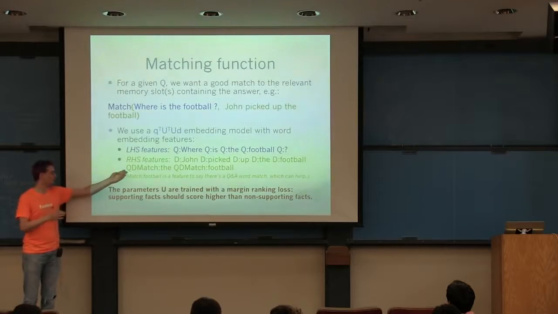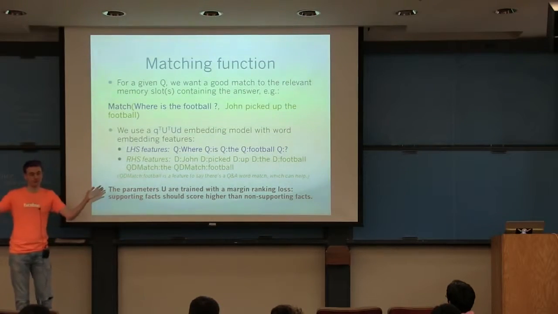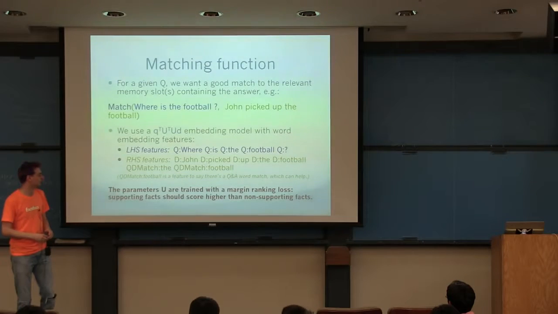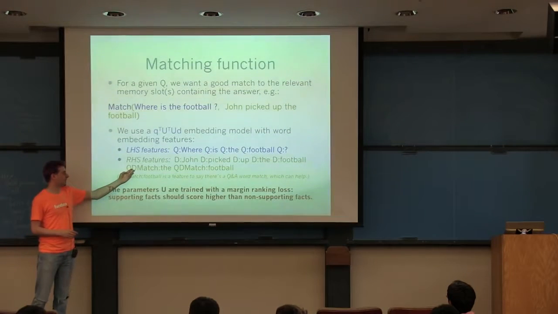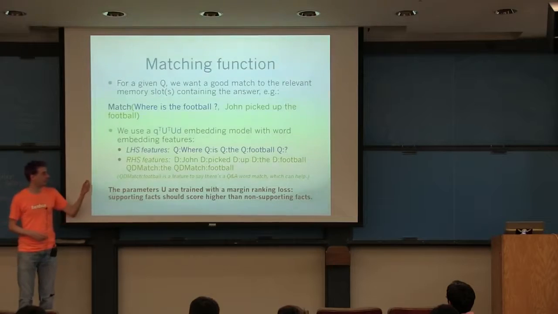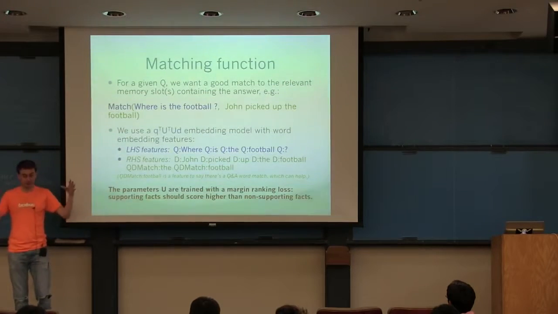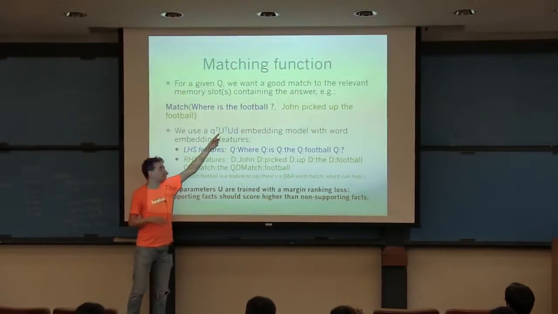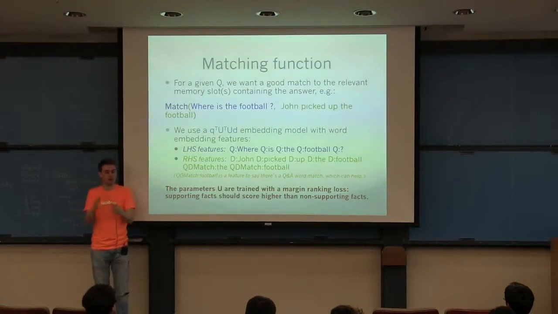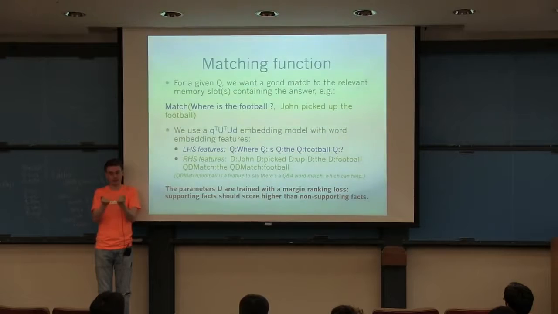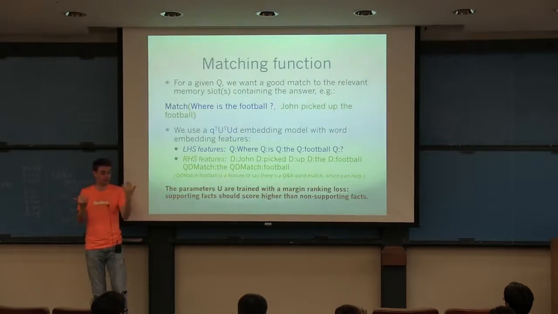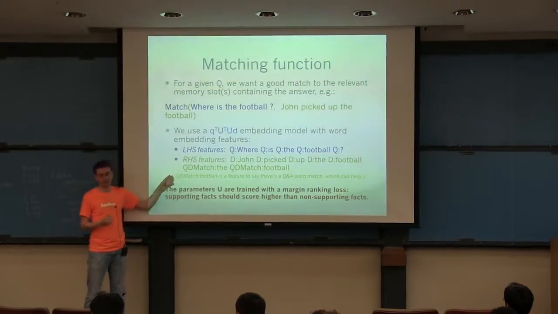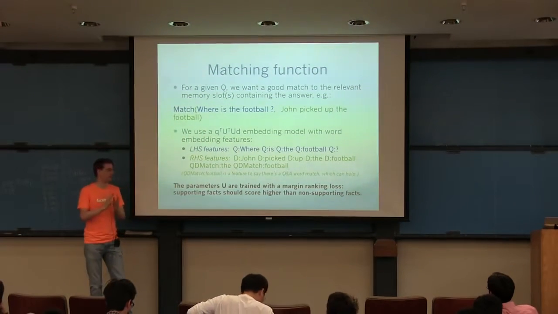If you add these extra symbols, you thus need to extend your dictionary to have those in it as well. The reason they might be a good idea is that when you've pushed everything down into a 50-dimensional space by multiplying by this matrix U, you can't necessarily recall exact word matches between the two sides anymore. That's when this QD match feature will still give you that exact word match.